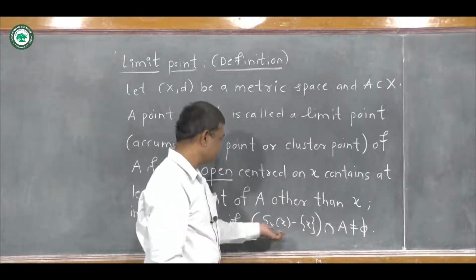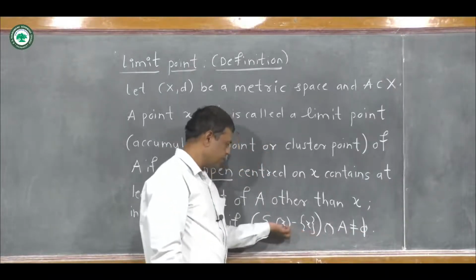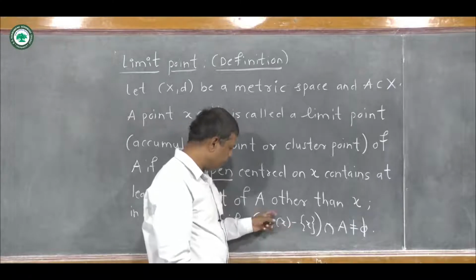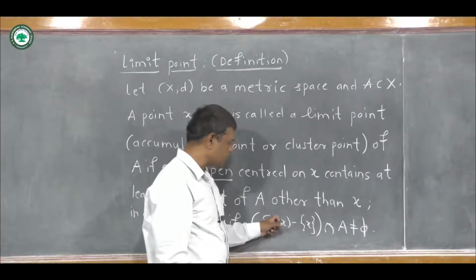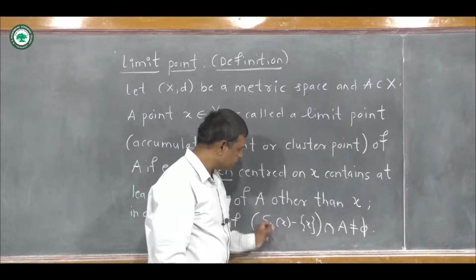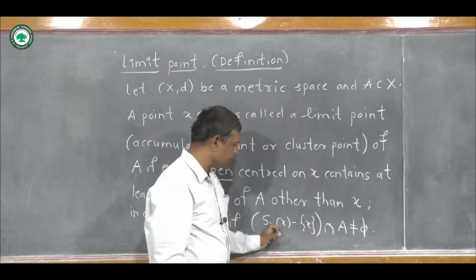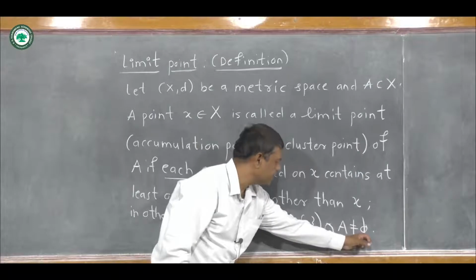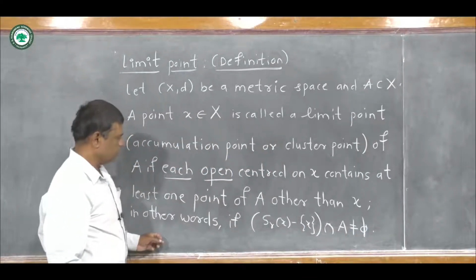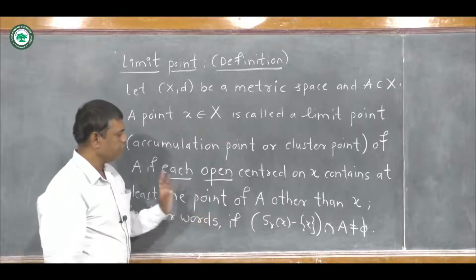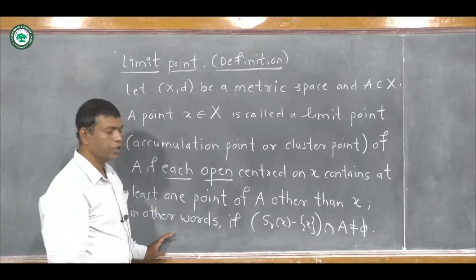It means that if you delete the center of this open sphere and consider all the points of that open sphere, and the intersection of that set with A is always non-empty, then the point x is called a limit point of set A.